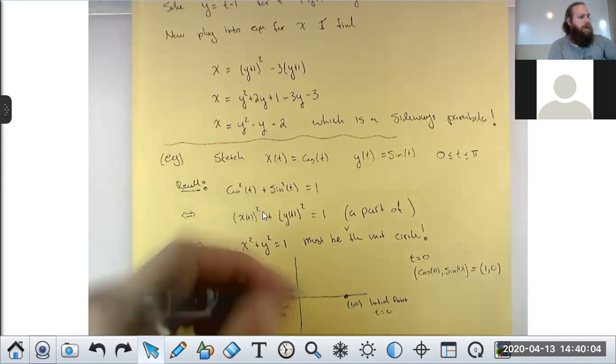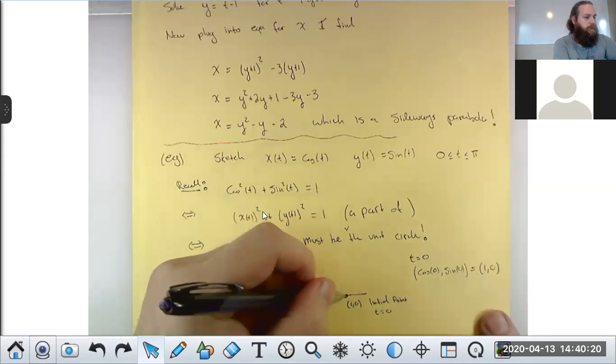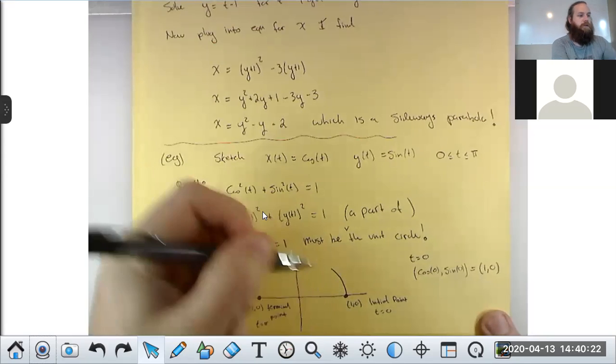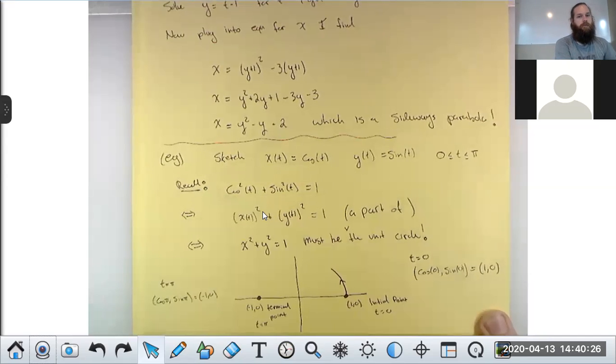So as t starts to increase from 0, my x values should start coming in and my y values should start going up. So what does that look like? If I come in and up at the same time, I'm going to do something like this. So I know that's how my curve is starting off.